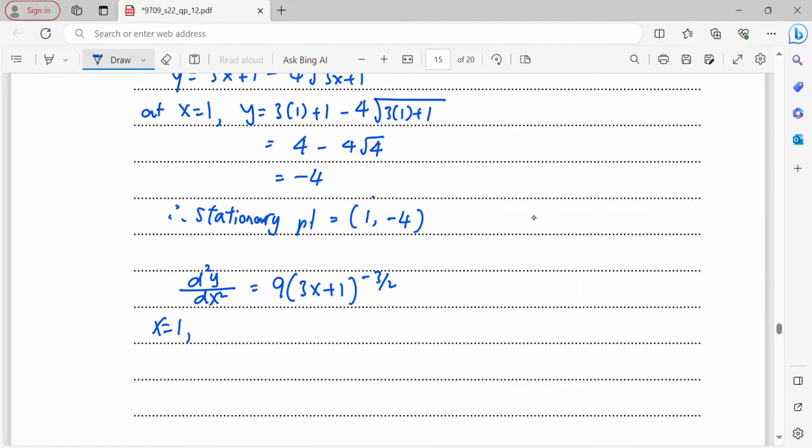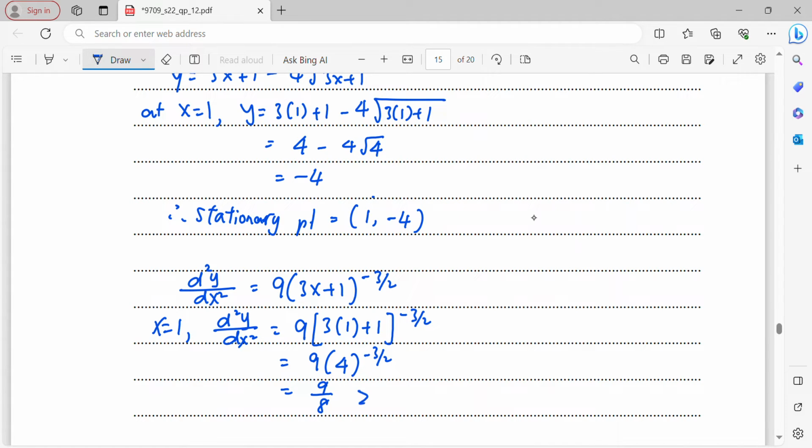So when x equals 1, d squared y over dx squared is 9 times bracket 3, my x is 1, then plus 1, to the power of negative 3 over 2. That means this is 9 times 4 to the power of negative 3 over 2. When you calculate this value, it's going to be 9 over 8.